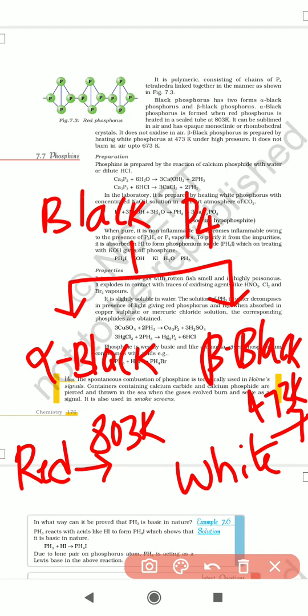This beta black phosphorus does not burn even up to 673 Kelvin, at a high temperature also it does not burn. So these are the major differences between red phosphorus, white phosphorus and black phosphorus.